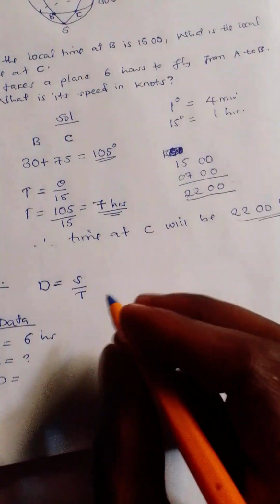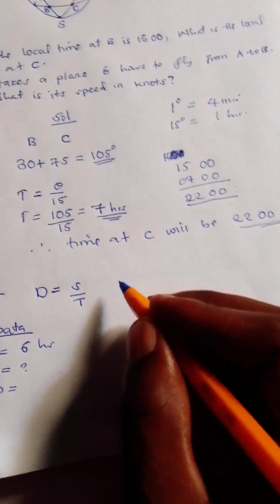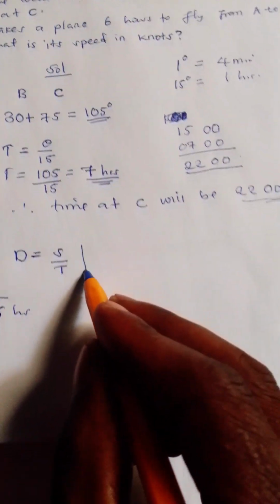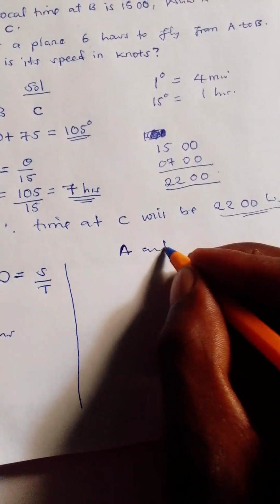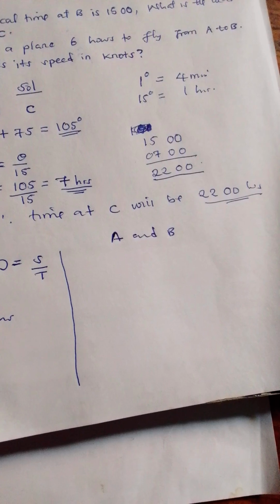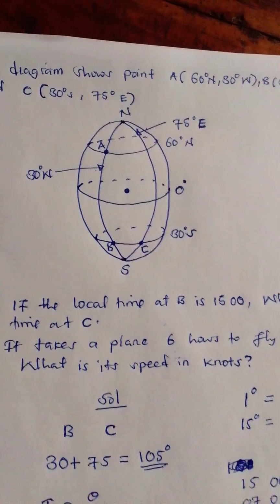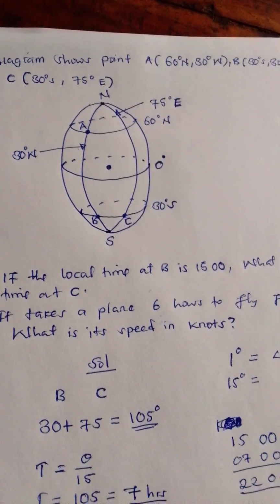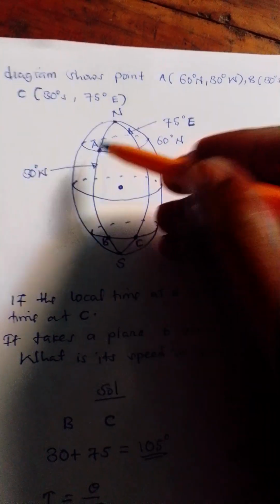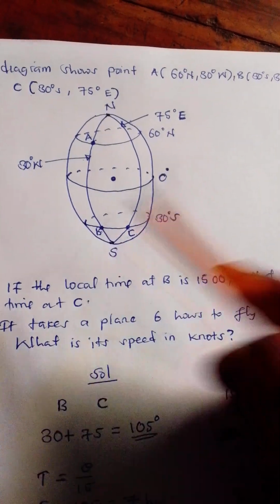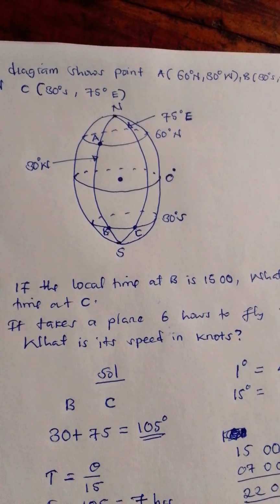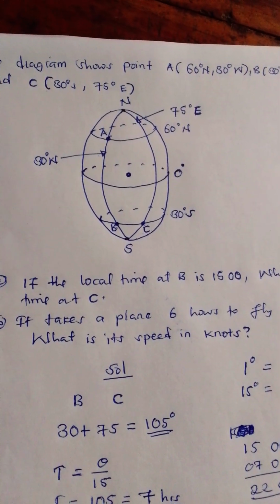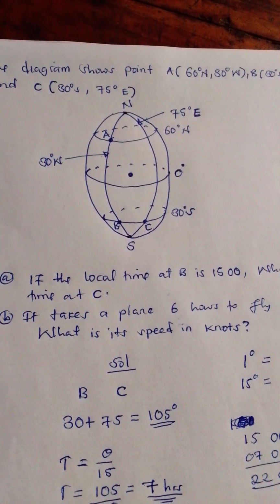So for us to calculate the distance between point A and B, we'll go back. Point A and B are on the same longitude, if you can see. Since they are on the same longitude, we are going to find the difference in latitude.